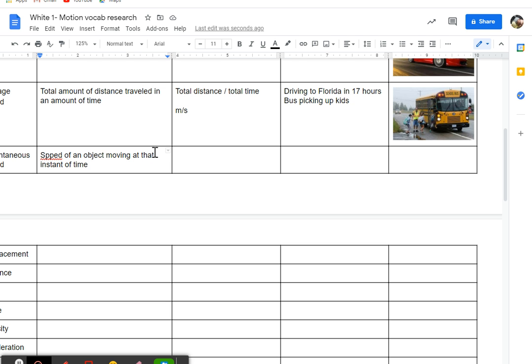At that instant, when I'm speeding, even though I was perfect my whole life, if a cop is sitting there with a radar gun and they point it toward me, I'm gonna get a ticket, right? So that's what instantaneous speed is. It is right then and there. How fast are you going?